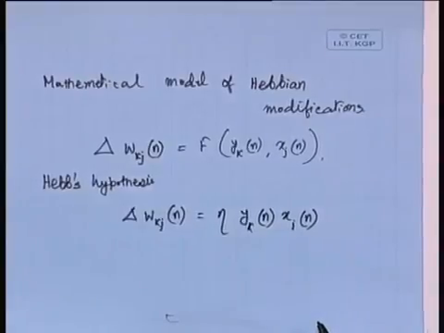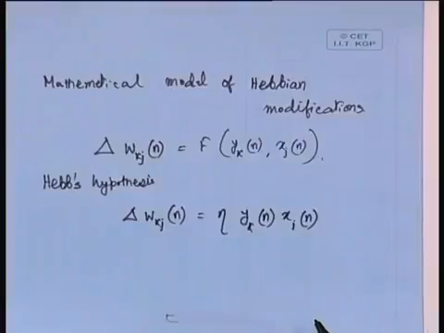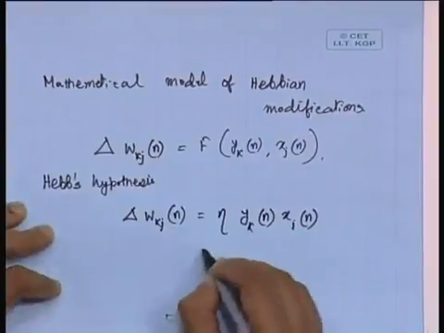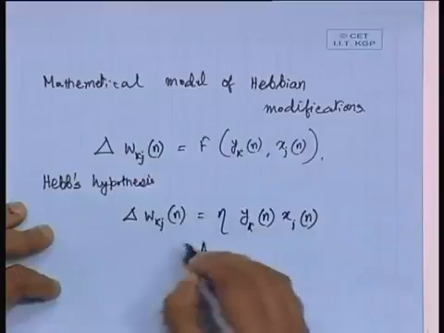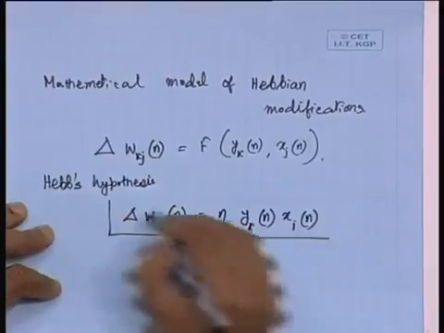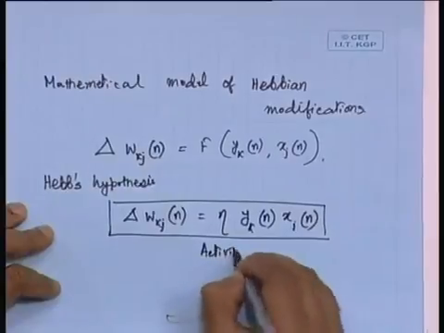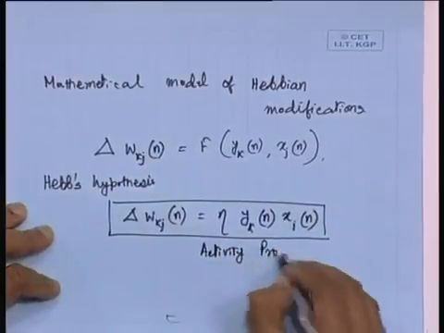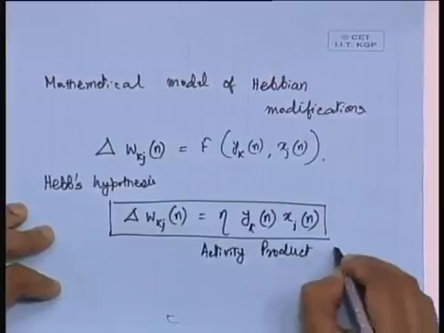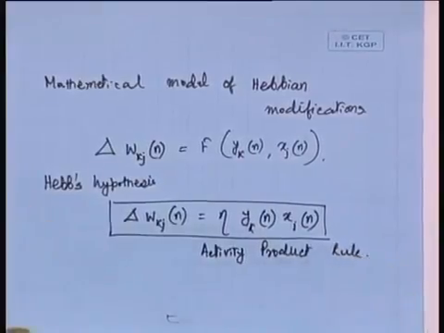So, eta as usual is our learning rate, and it is eta Yk(n) Xj(n). In fact, this expression is defined as the activity product rule.